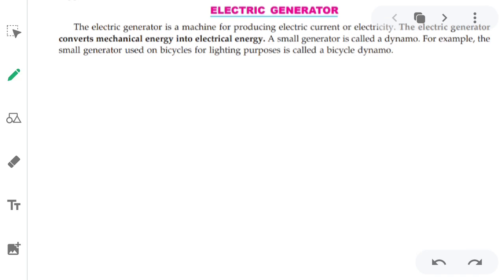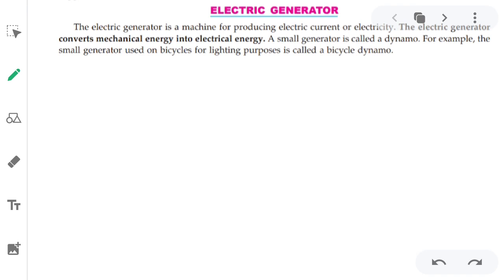This is called electromagnetic induction. And to know the direction of the current and magnetic field, we studied Fleming's right hand thumb rule.